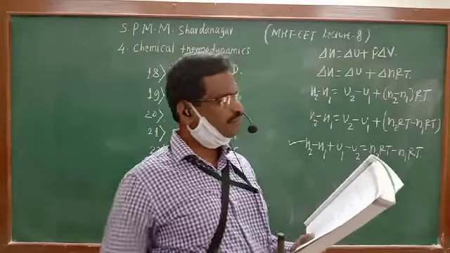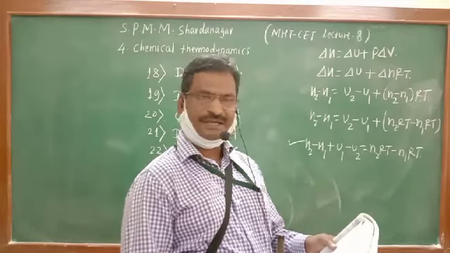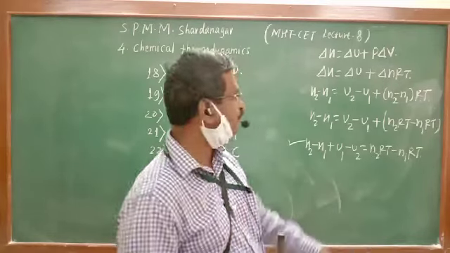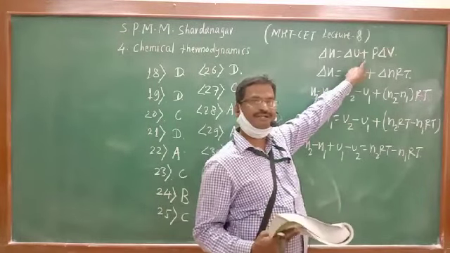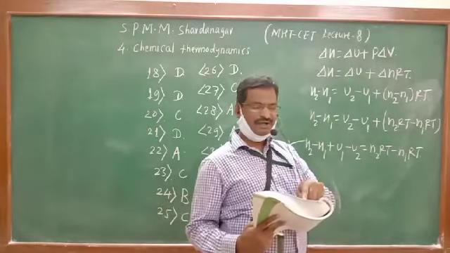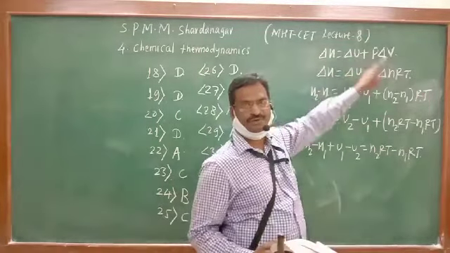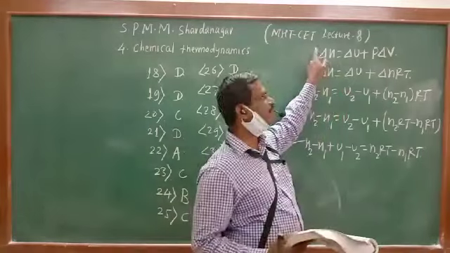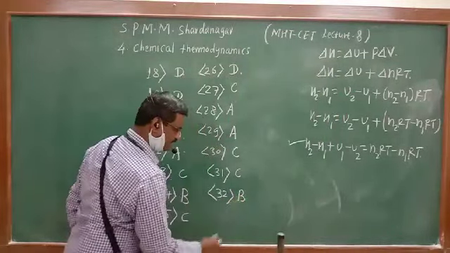So out of the 4 options, let us see which option is correct. Option A, delta H is equal to delta U minus P delta V. They have given this, but minus is not there, it is plus. Now the second option, delta H is equal to delta U plus P delta V, is given. Therefore option B is correct.